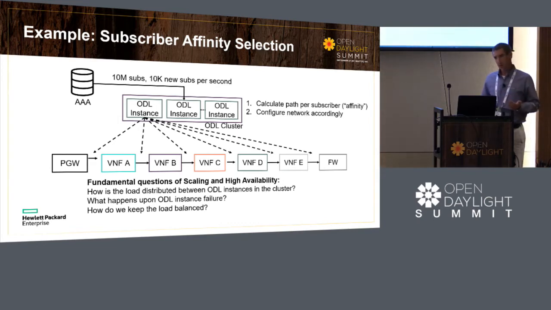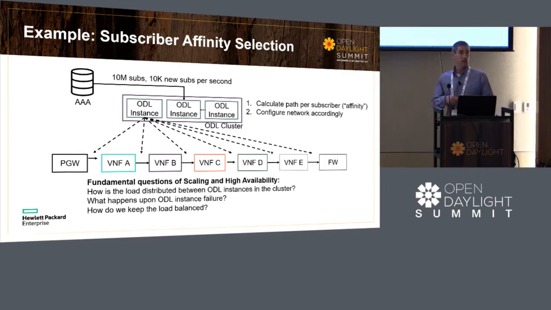In that way, multiple controller instances can share the load. And at the same time, if a controller goes down, and maybe even more than one goes down, we can handle such failures by transferring the responsibility of the failed controllers to the remaining controllers.